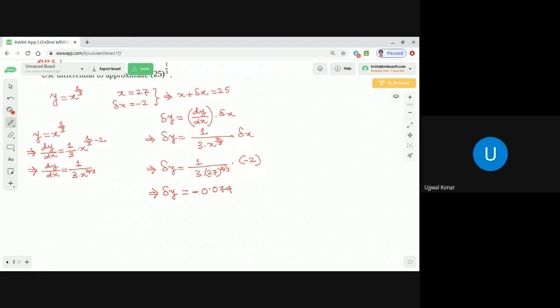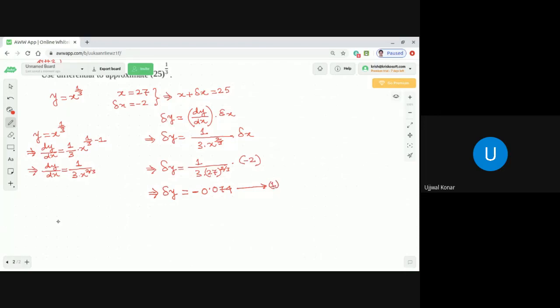Now what is our target? Our target is to find the value of cube root of 25. Right. Now let's look into that. So let me call this 1.